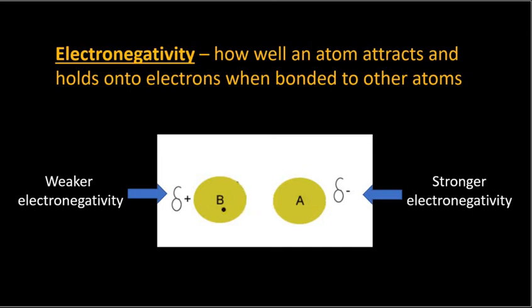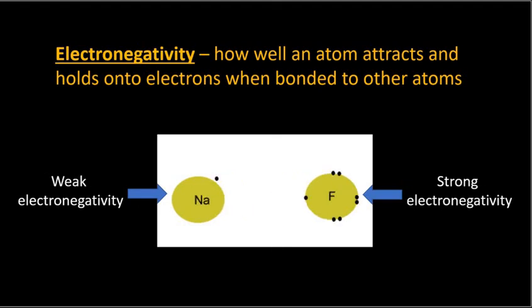Okay? So again, they're sharing electrons, but it's not an equal sharing because of the difference in electronegativity. Now, the third scenario is where you have one atom, in this case F, that has a strong electronegativity, and the Na, the sodium, has a weak electronegativity.